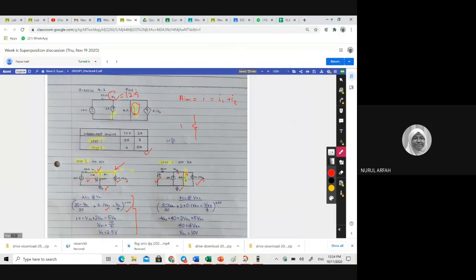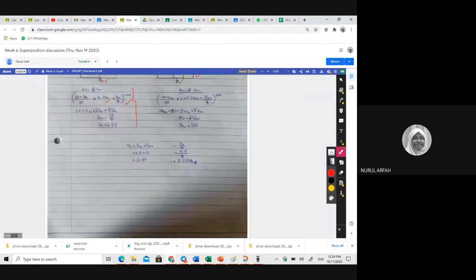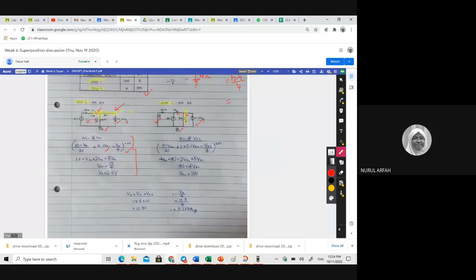If you know that this is Vx and this is your I, this one is actually 12.5 and this is 0. Then what is your I? And you know that the resistor equals 4 ohms. You can apply Ohm's law, right? So V equal to IR, then I equal to Vx divided by 4. So Vx equal to 12.5 divided by 4. What do you get? Use your calculator. Yes, you should get the answer.